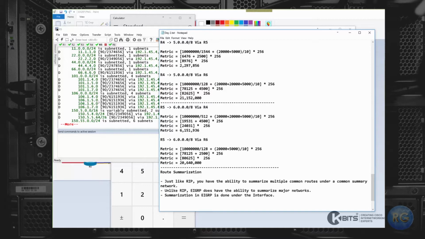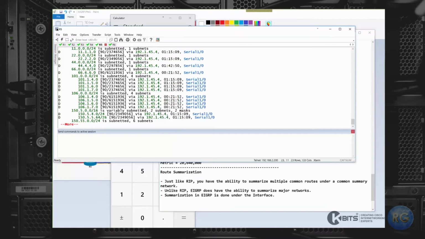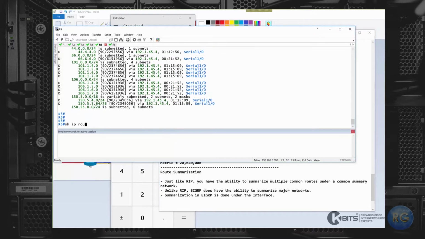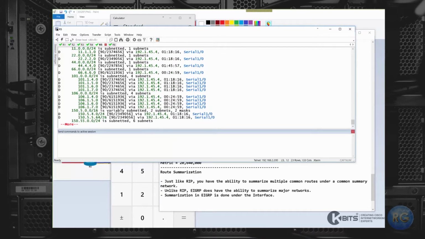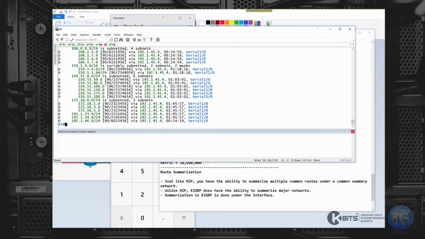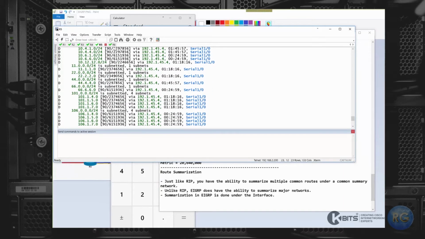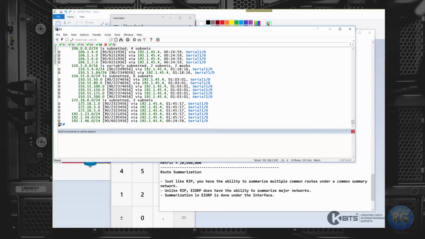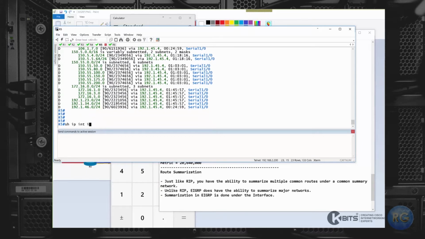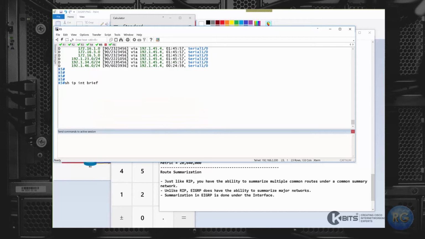So let's take a look at some of these routes. Let's do R5. Show IP route, EIGRP. I want to see what routes I have. I have 106 coming in. From 6, what do I have in 5? I have the 105.